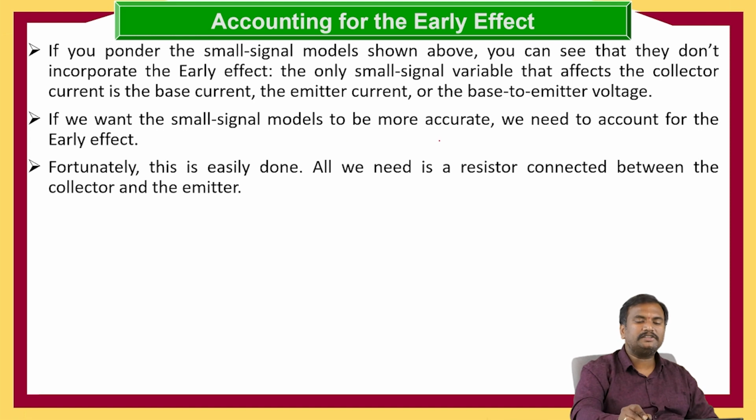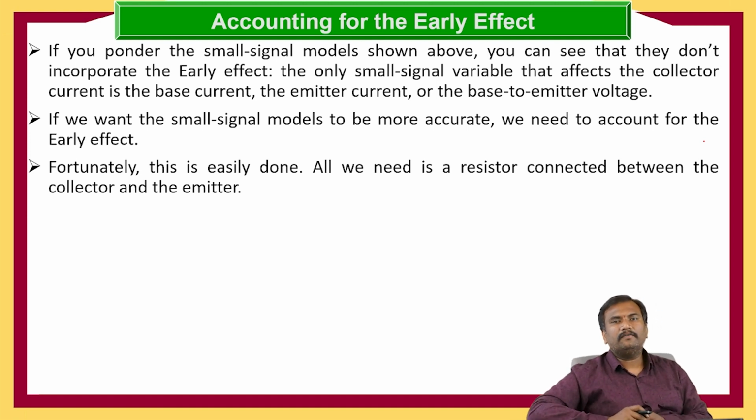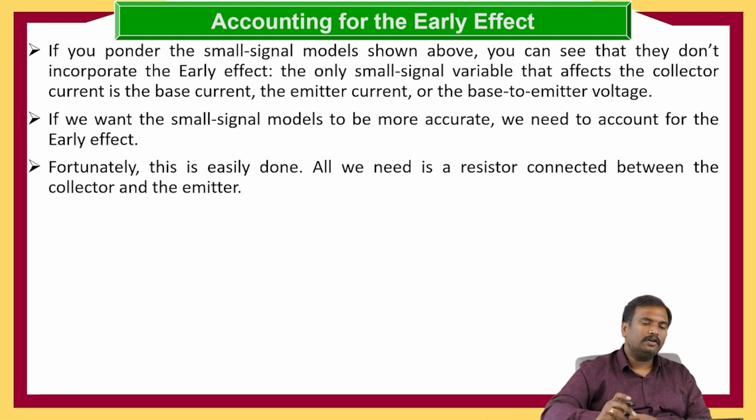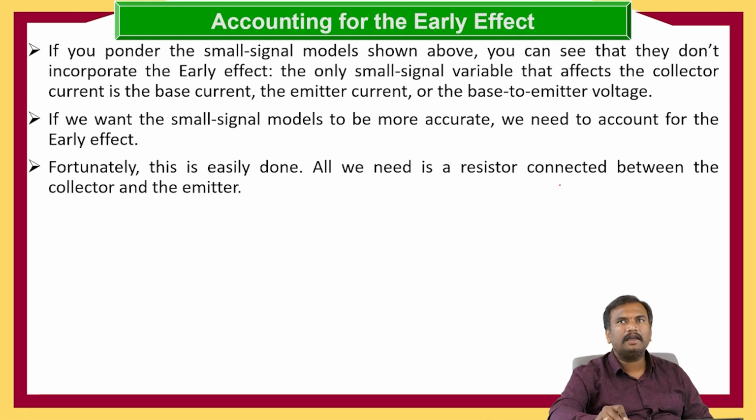If we want small signal models to be more accurate, we need to account for the early effect. Fortunately, this is easily done. All we need is a resistor connected between the collector and emitter.